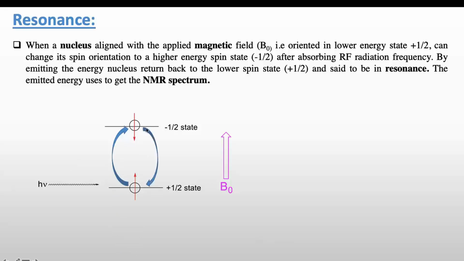Now it will lose the energy and come back to the lower energy state, that is plus 1/2, and this phenomenon is known as resonance, and the energy emitted we use to get the NMR spectrum. So first there is a transition upward, then it loses the energy and comes back to the ground state, and this complete cycle is known as resonance.